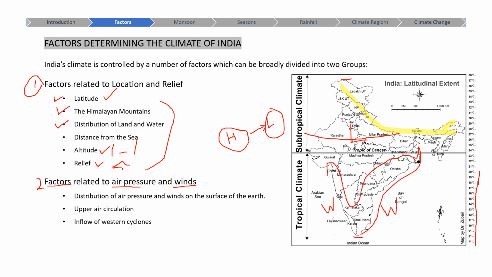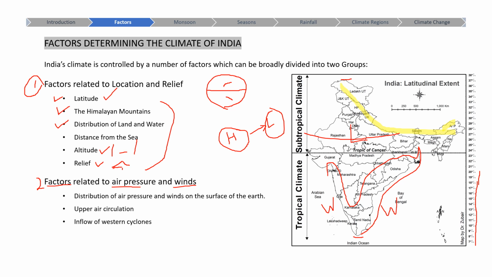But a very important aspect is, if you will see the globe here, there is a general movement, but due to the Coriolis effect, there is a deflection. In the northern hemisphere, winds divert towards the right side, and in the southern hemisphere, winds divert towards the left side.